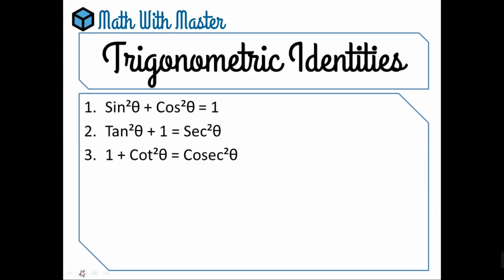So now the main part today is trigonometric identities. Always remember: sin² θ plus cos² θ is 1. Tan² θ plus 1 is sec² θ. 1 plus cot² θ is cosec² θ. Now, where have these formulas come from?